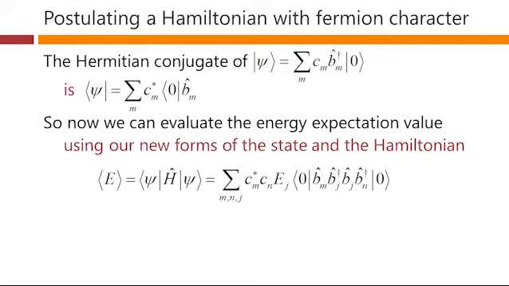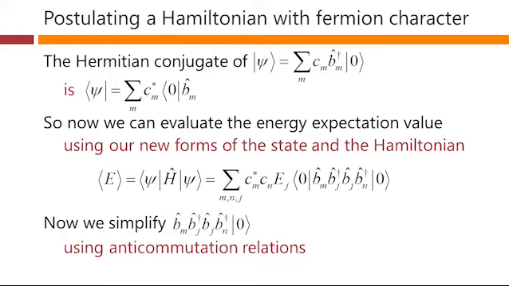Well, if we put all this together, this is the state on the right, this is the state on the left, and in the middle we have our Hamiltonian operator, which you might remember is the sum over j of ej, bj dagger bj. So we put everything together and we get this expression here, and perhaps for the moment this looks rather frightening. But we can simplify this. So we're going to take this part here and just simplify it.